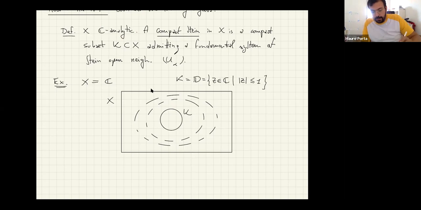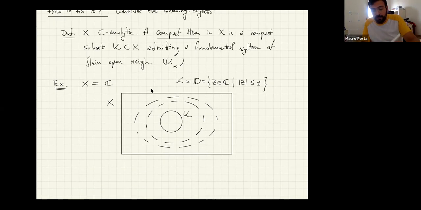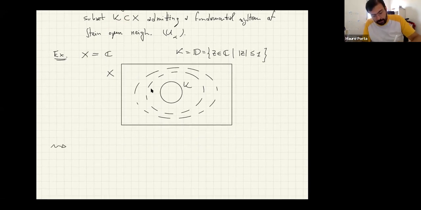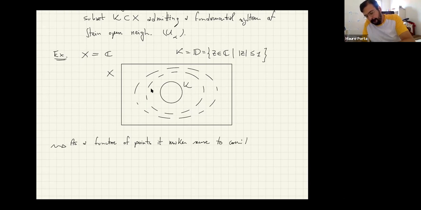Okay, and so the idea is that we can make this object enter again in our category by considering it as a pro-object. So as a functor of points, it makes sense to consider K as an Ind complex analytic space.